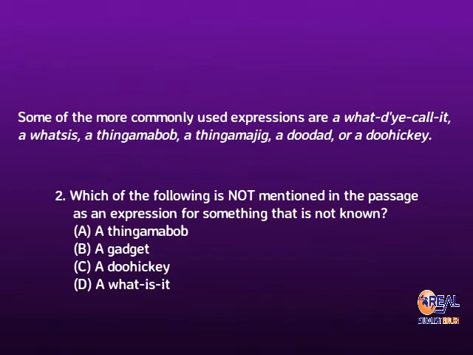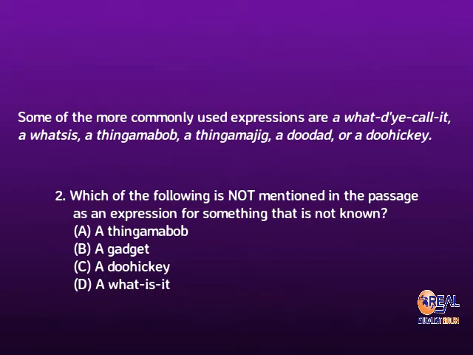Remember that the question is asking about something that is not mentioned, so something that is not there. See the list of choices. We have a thingamabob, a gadget, a doohickey, and a what is it. So we have thingamabob, we have thingamajig, and we have doohickey. That is listed in the passage, right?